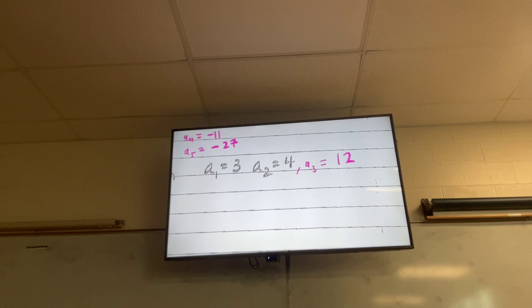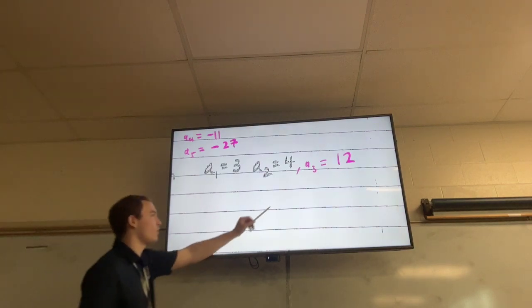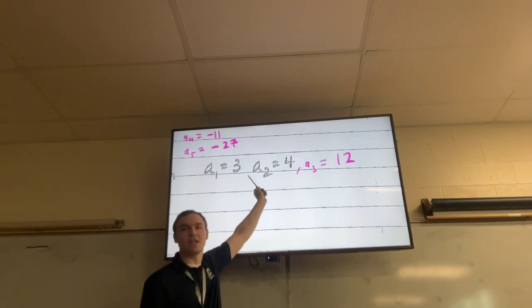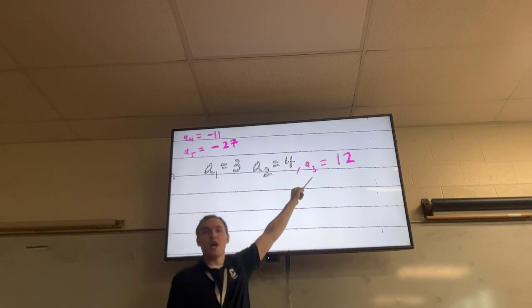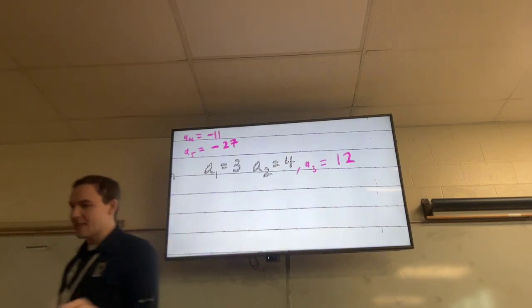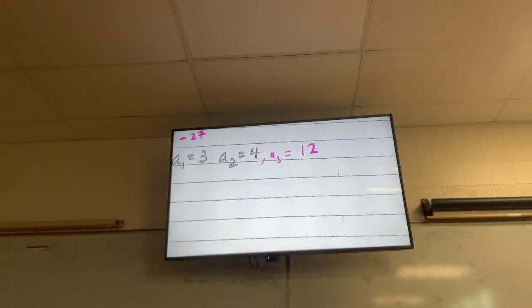Alright, can you explain that? So what this is saying, to get each subsequent term in the sequence, I take the previous 2 terms and multiply them together. So to get 12, I just multiplied 3 and 4 together. What 2 numbers am I going to multiply together to get the 4th term? 12 and 4. Yeah, that gives me 48.